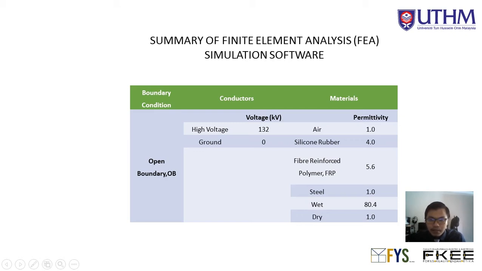For the material permittivity, air is 1, silicon rubber is 4, FRP is 5.6, and steel is 1. The wet condition for the disc is 80.4, and the dry condition is 1. So these properties are the settings in FEMM that will explain the result later.